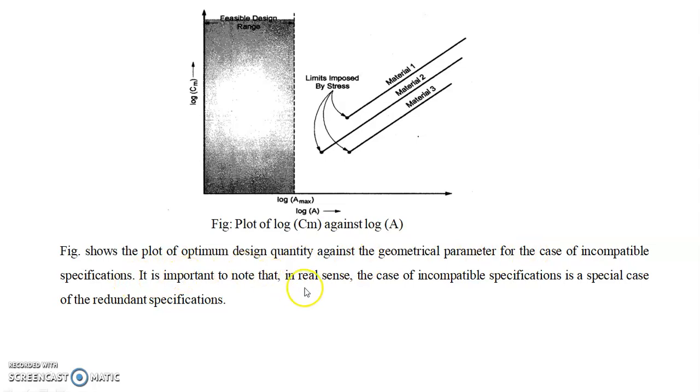It is important to note that in real sense, the case of incompatible specification is a special case of redundant specification. You can see the feasible design range when we plot the graph of log of cost of material against log of maximum area, with material 1, material 2 and material 3. These are three different limiting equations imposed.